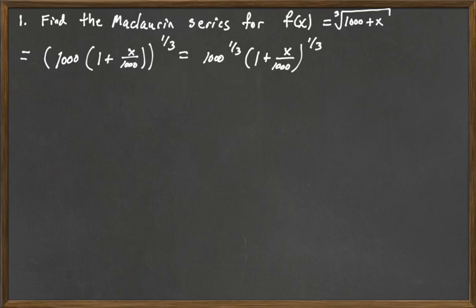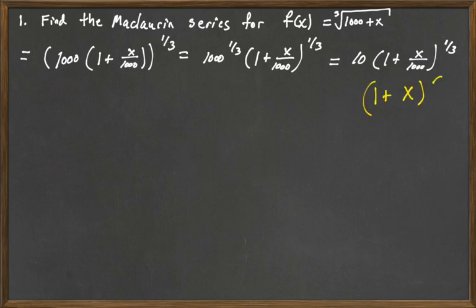Okay, now 1,000 to the 1/3 power is the same thing as the cube root of 1,000, which is 10, and then we have 1 plus x over 1,000 to the 1/3 power. And so this is now our 1 plus x to the r. And so it's going to follow the pattern.